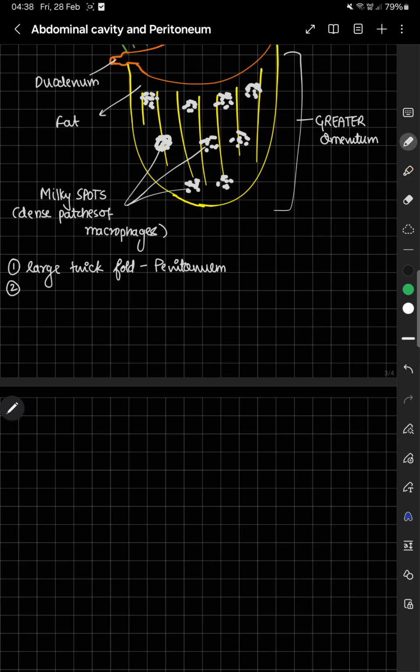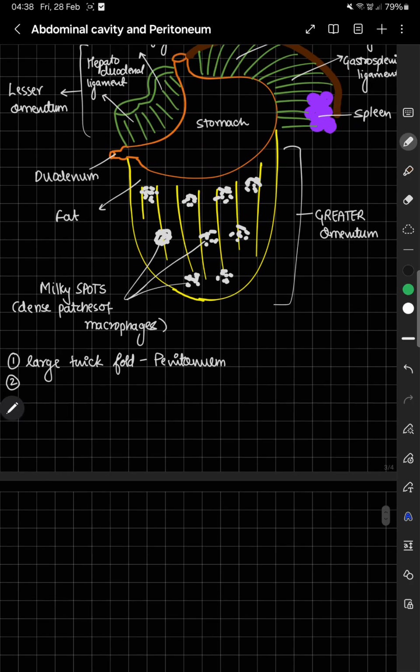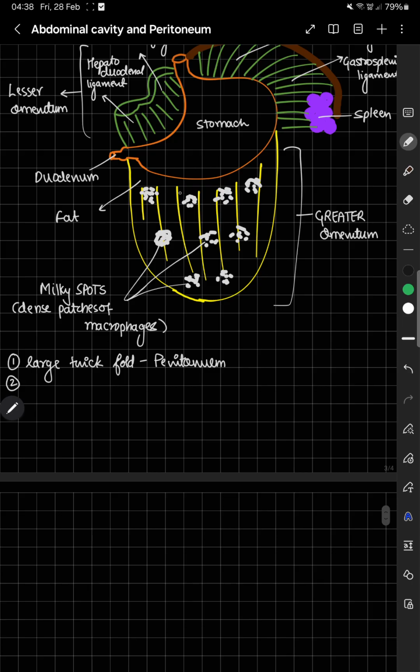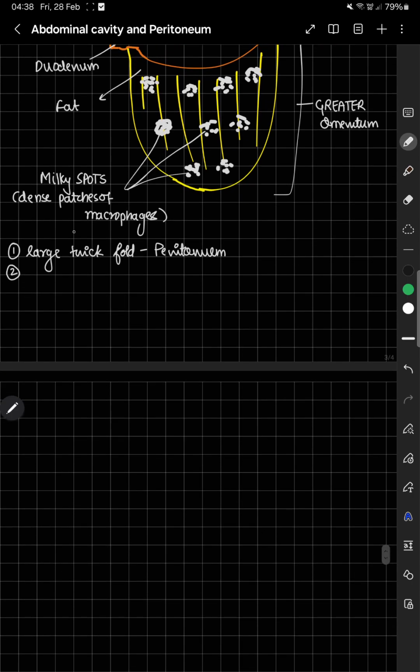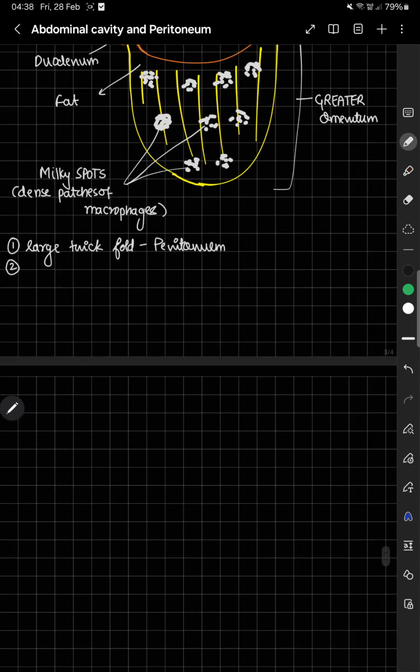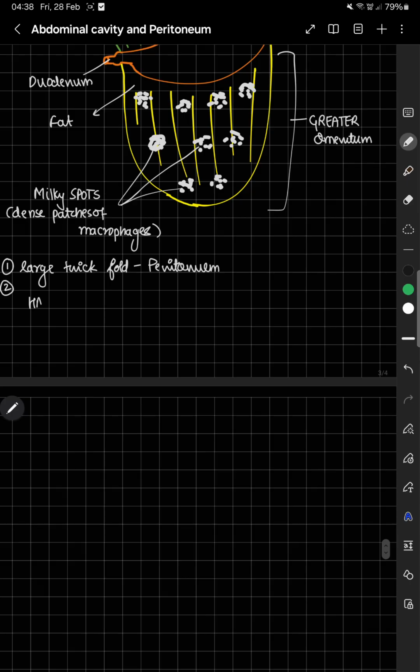Second of all, it is very obvious if this is the lesser curvature of stomach, lesser curvature and greater curvature. The greater omentum hangs from the greater curvature and the adjacent part of duodenum.